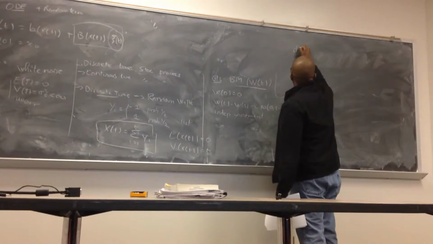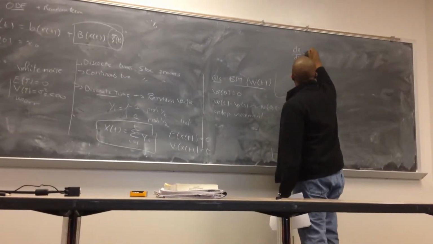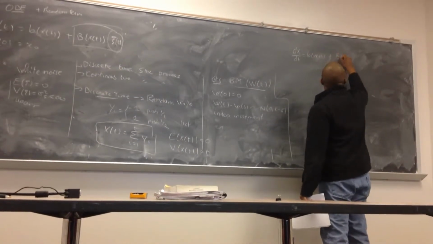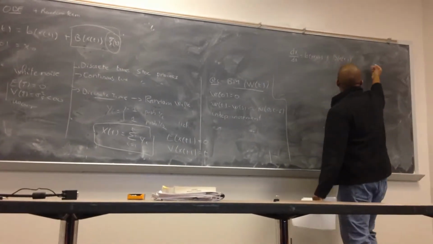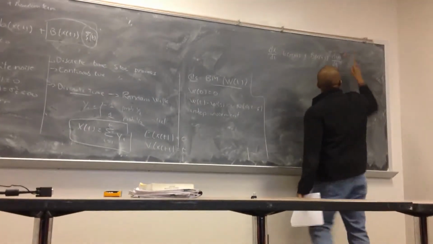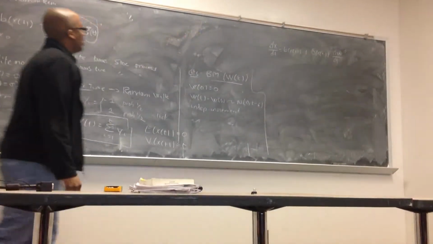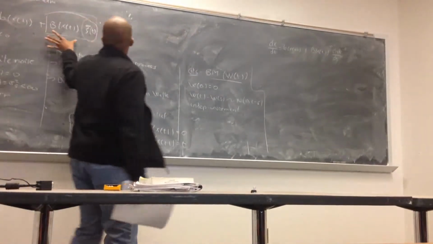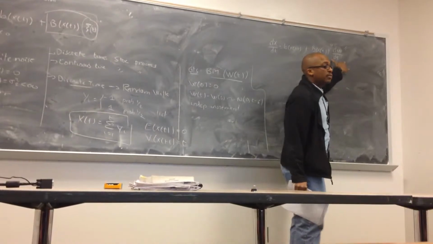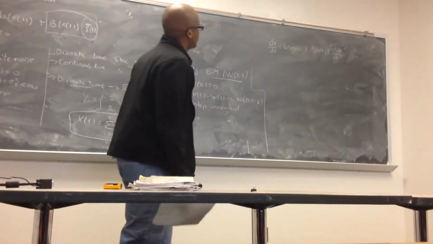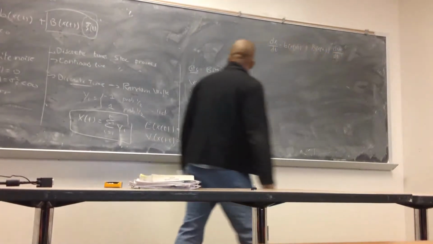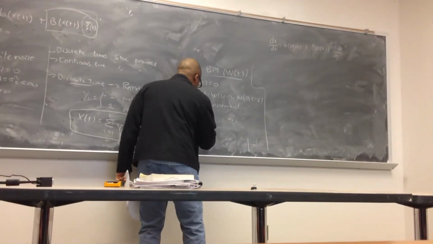Let me write that like this: plus B. It's a little bit sketchy. So basically, now that I specified this, I use my W process. Now the question is, is this thing well defined?